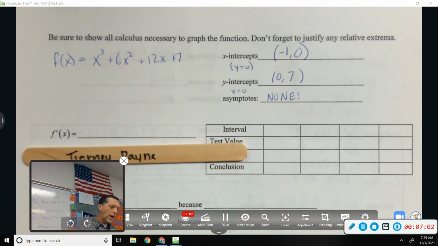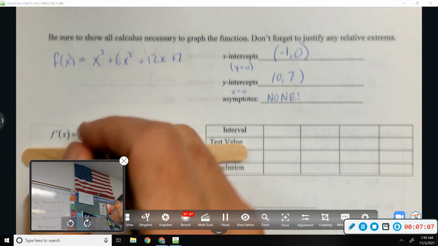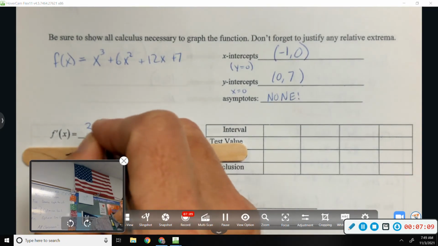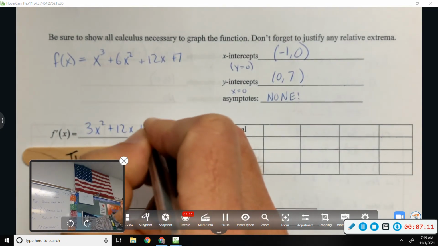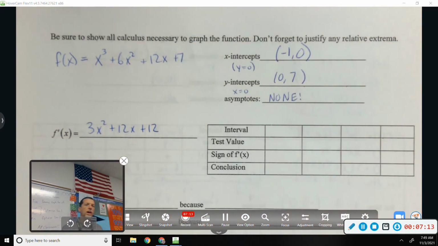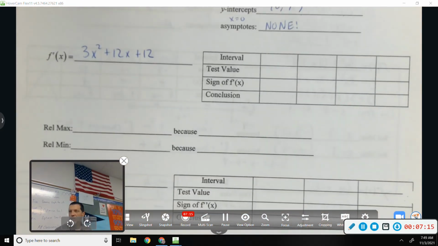So Tierney, how about the first derivative then? 3x squared plus 12x plus 12. Good. And then that sets us off on all the first derivative stuff. Increasing, decreasing intervals, which leads to maximums and minimums.